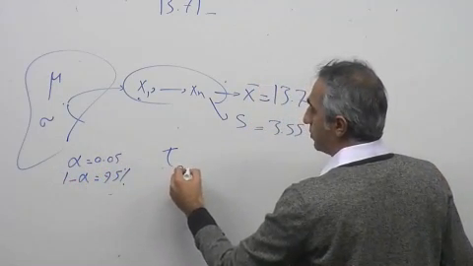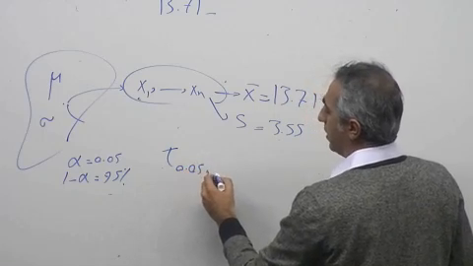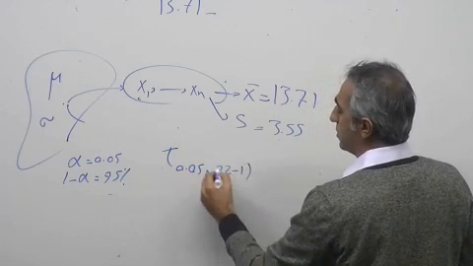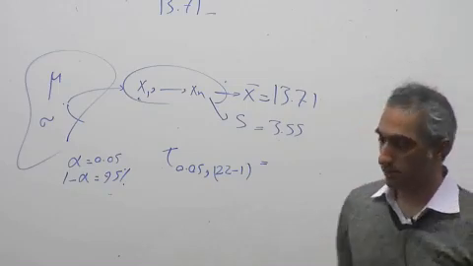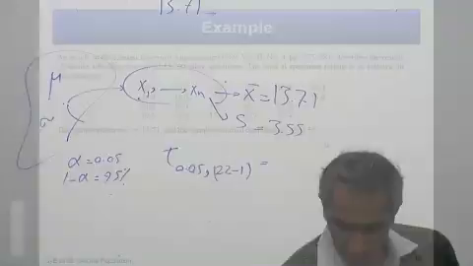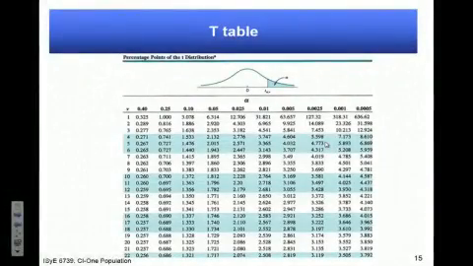So T of 0.05 and n minus 1 degrees of freedom, which is 22 minus 1. We need to find this from the table. Let me see if I have the table here. Yes. So alpha is 0.05, degrees of freedom is 21.